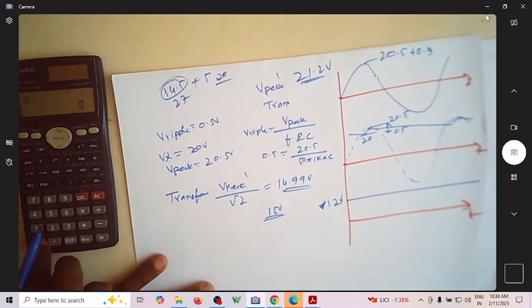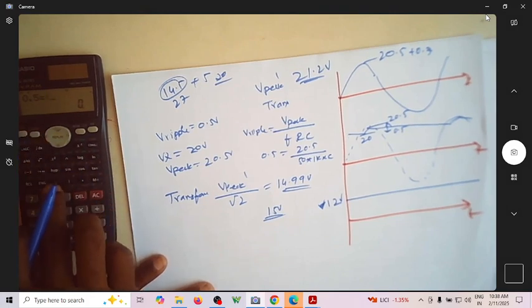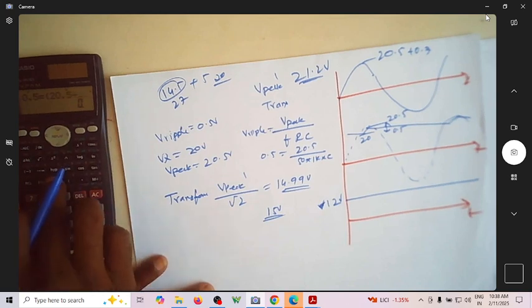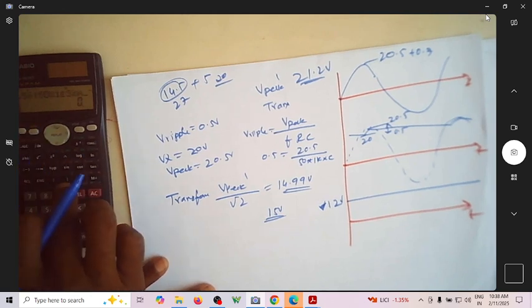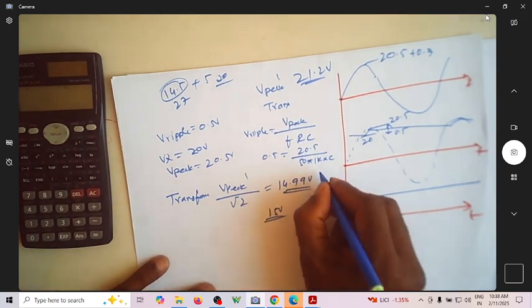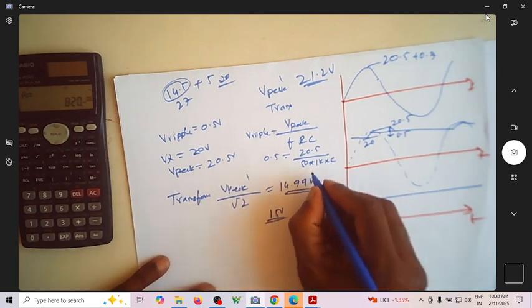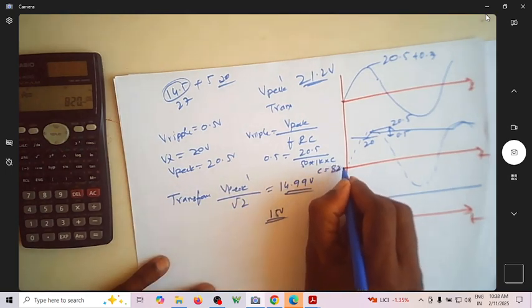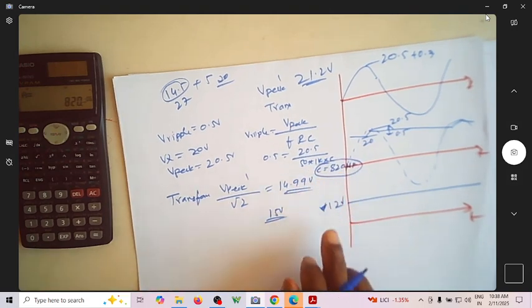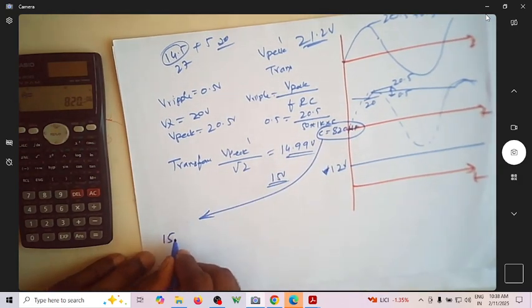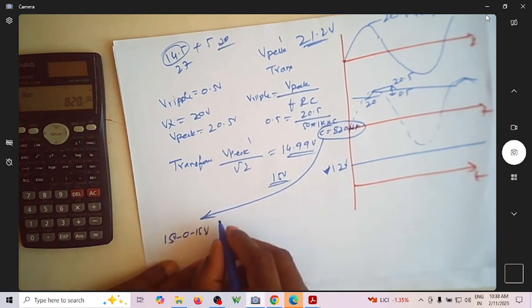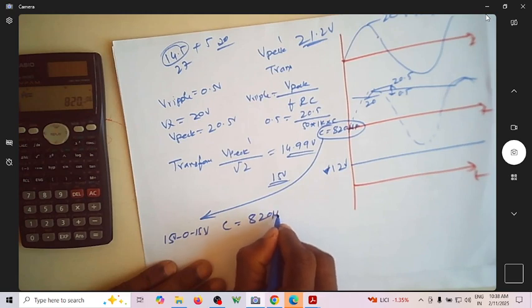So 0.5 equals 20.5 divided by 50 into 1 exponential 3 into C. Then C value comes out to be 820 microfarad. Now the transformer rating is 15-0-15 volt. You can use a center tap transformer, and capacitance of 820 microfarad is required.